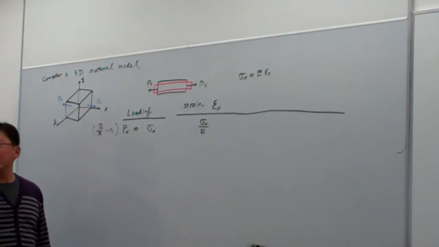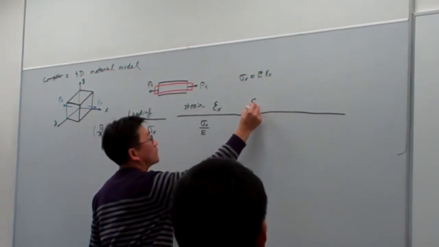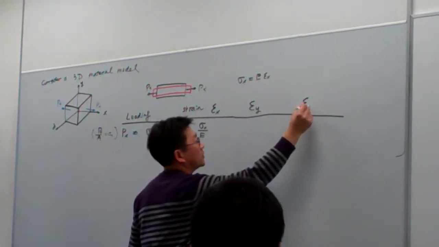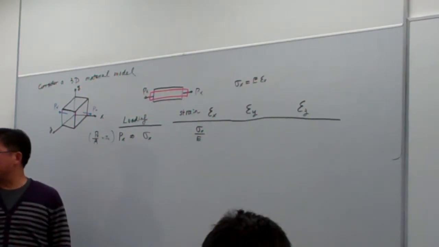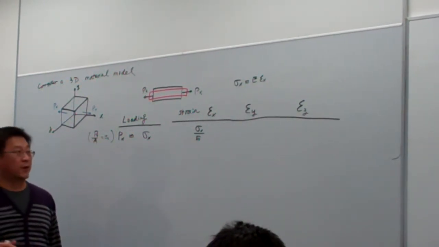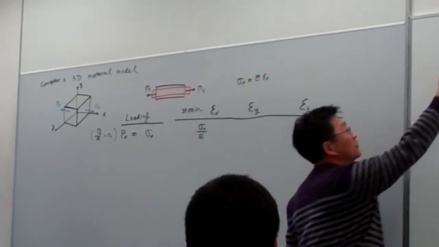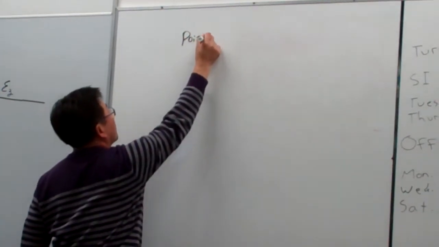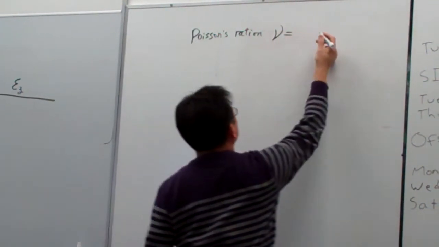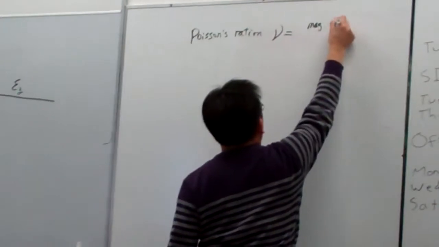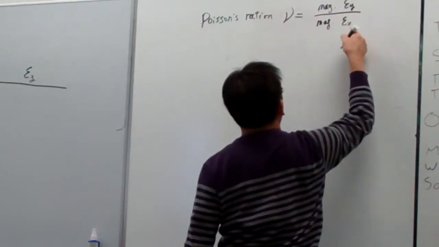Now in the lateral directions, for this case, we have the lateral direction in y and also in the z direction. Due to the Poisson ratio, we will have induced dimension change in both lateral directions. How much? By definition, nu equals the magnitude of the lateral strain divided by the magnitude of the axial strain.